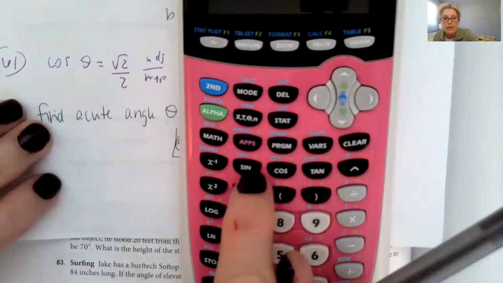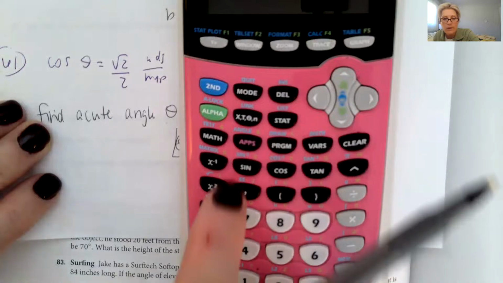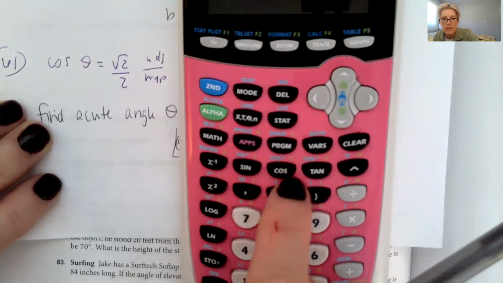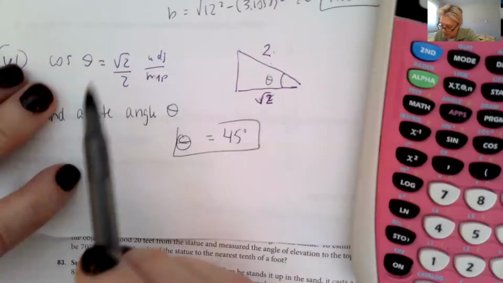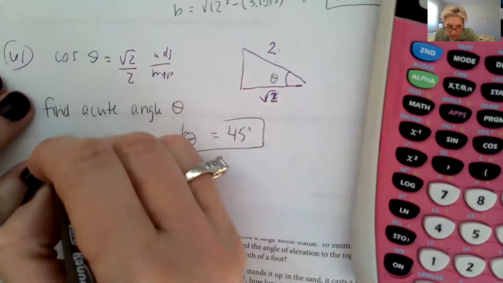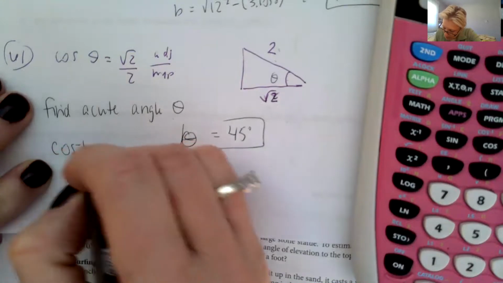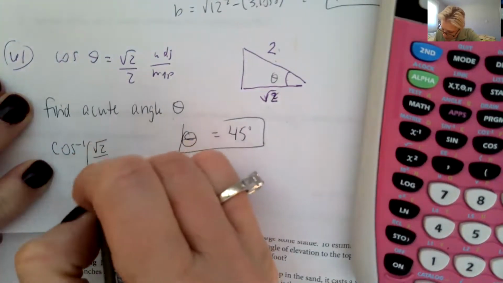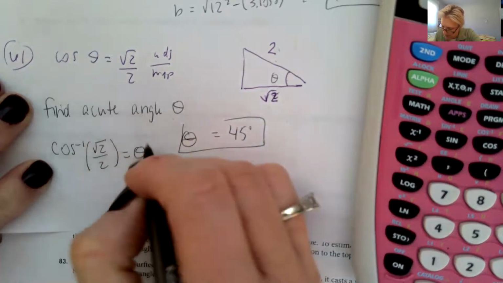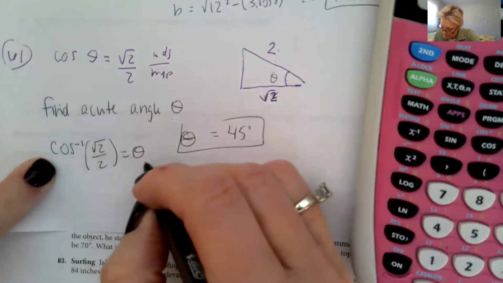So notice your keys are sine, cosine, tangent, and then you have inverse sine, inverse cosine, inverse tangent, tangent to the -1. Let's just write this here: cosine -1 of the square root of 2 over 2 gives me that angle in degrees.